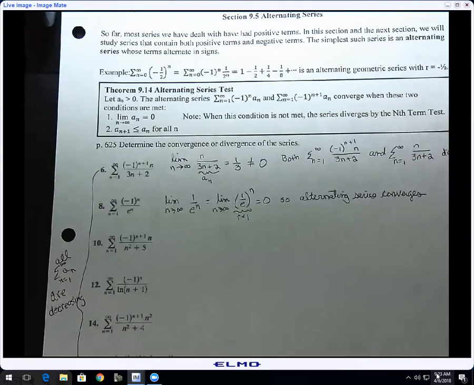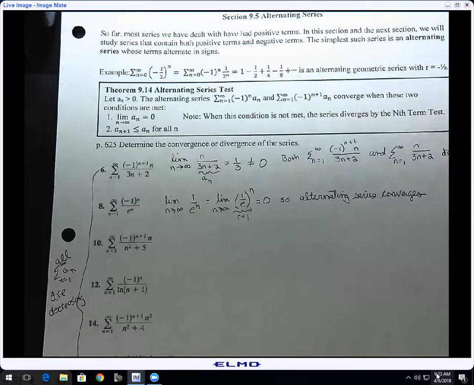But you can't say that because the alternating series converges, this series converges. We're going to talk about that on the back side of this page of notes. But if one diverges, both diverge. It's not true that if one converges, then they both converge.